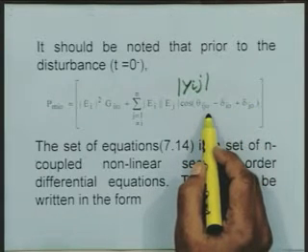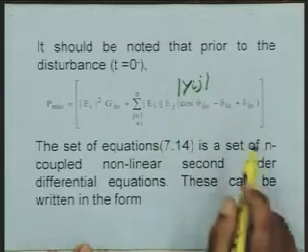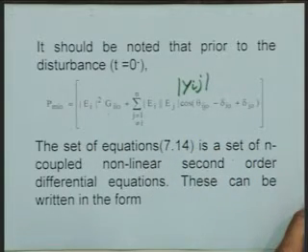Here you will find that when the system is subjected to a disturbance, during fault conditions the Y bus matrix of the system will be different. During post fault condition it is again going to be different, and therefore we will have three different Y bus matrices: one pre fault, one during fault, and a third post fault.